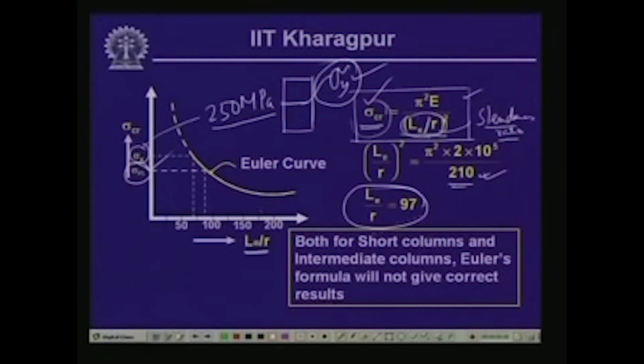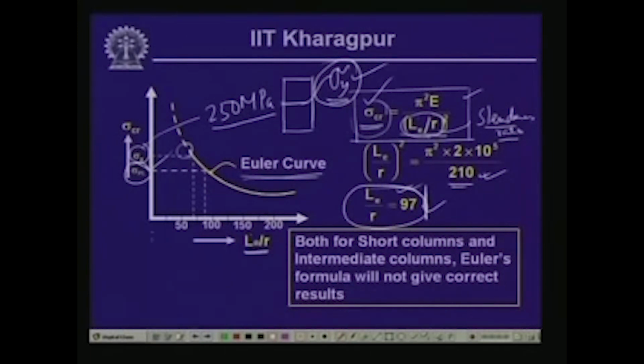This indicates that if we use a slenderness value less than 97, then the stress level is going to go beyond the proportional limit. And as you have noticed, if the stress level goes beyond the value of sigma y, then the material is going to fail by crushing, which is the criterion for a short column. Hence, there is a limiting value of the slenderness beyond which Euler's critical load formula is applicable, otherwise it is not applicable for such types of members.